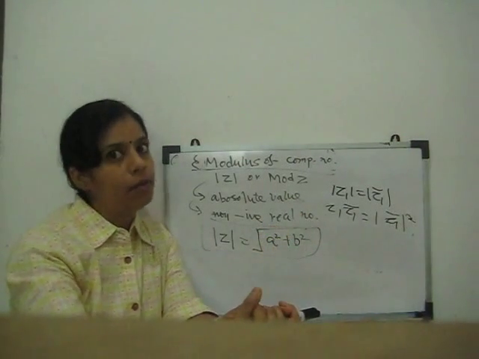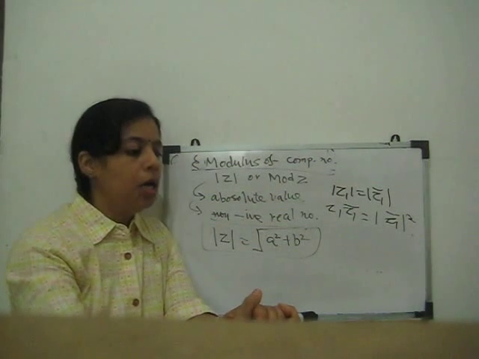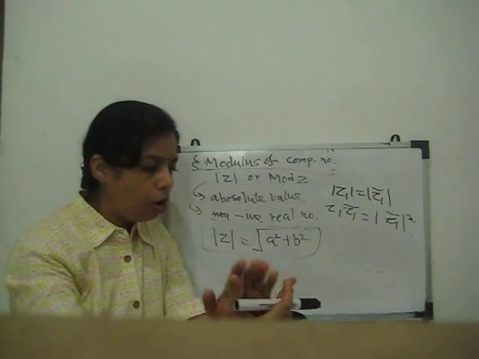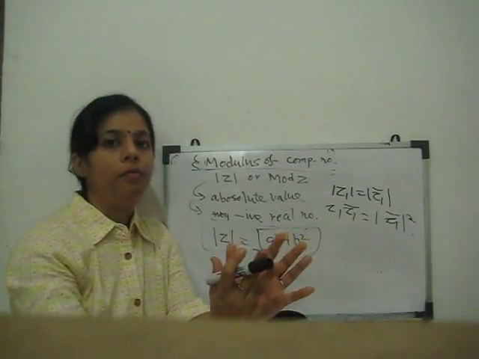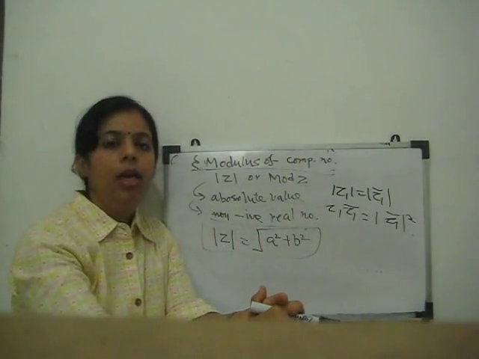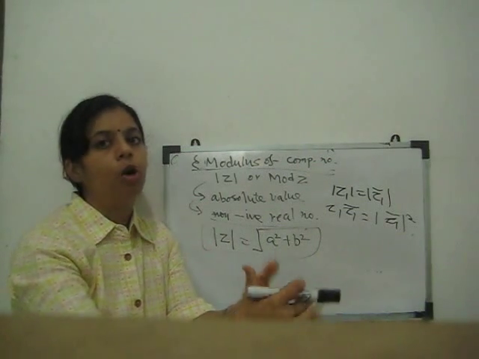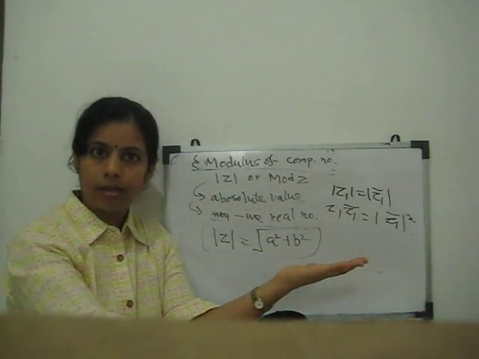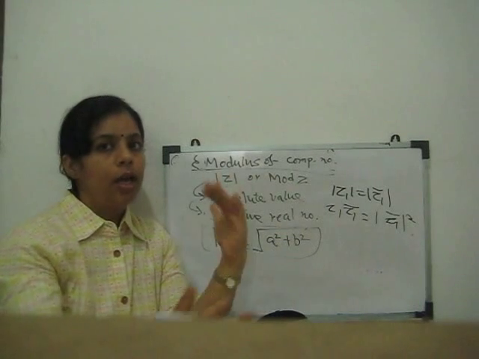Next, very important, is the trigonometrical representation, where we transfer the complex number into trigonometry, sine theta and cosine theta. So what is the relation between a complex number and trigonometry?